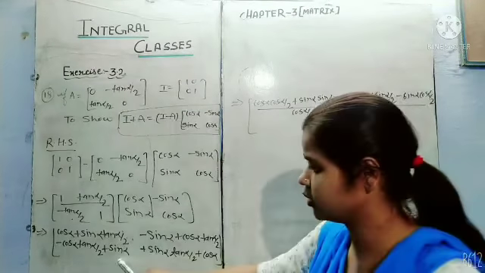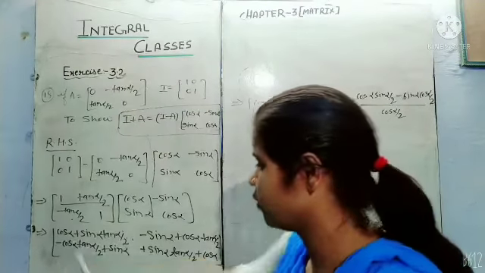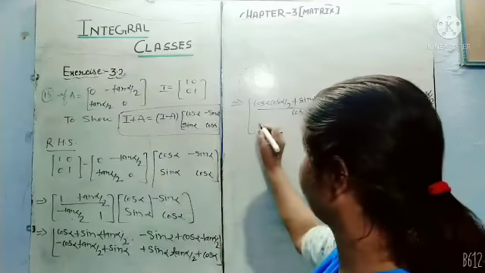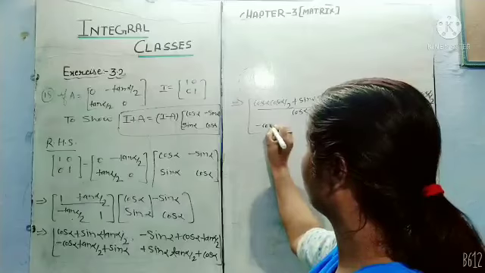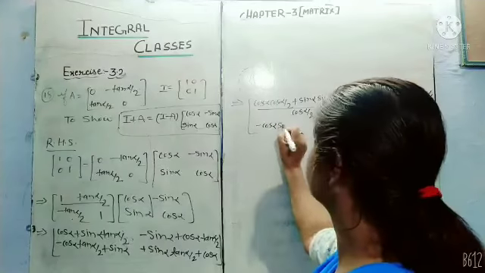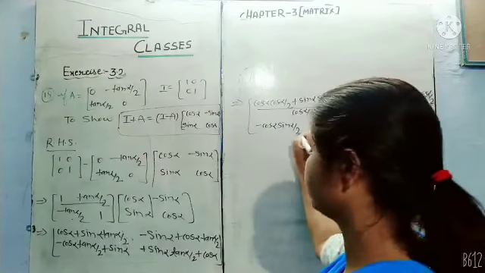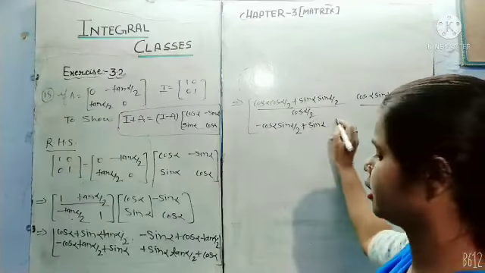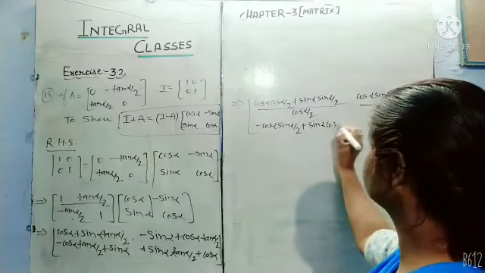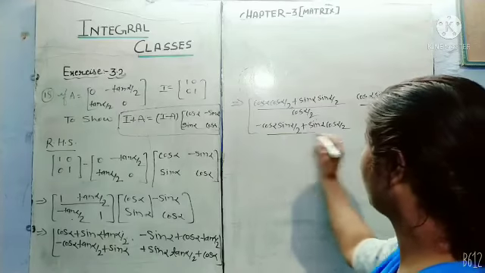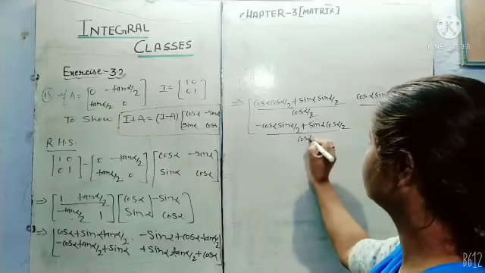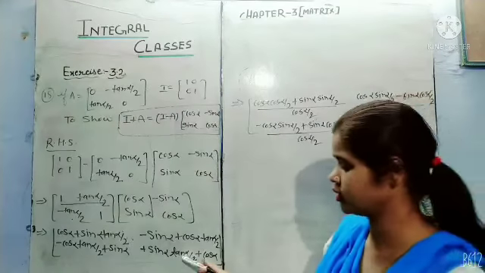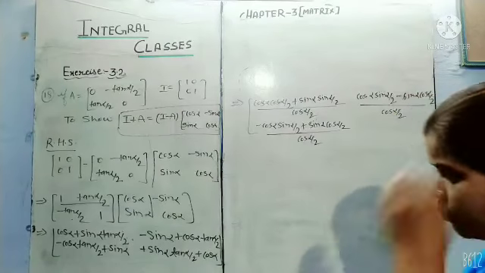Again in the third term, tan(alpha/2) is equal to sin(alpha/2) upon cos(alpha/2), and take the LCM. Then cos alpha sin(alpha/2) plus sin alpha cos(alpha/2) upon cos(alpha/2). Again tan(alpha/2) right here, sin(alpha/2) upon cos(alpha/2).